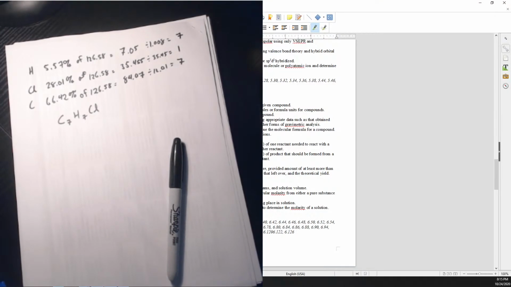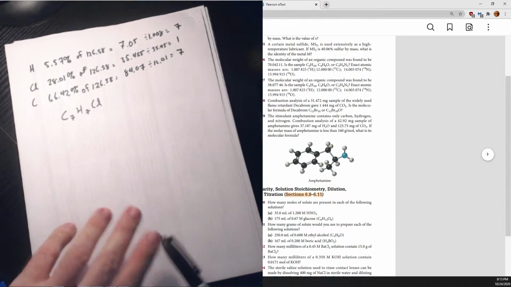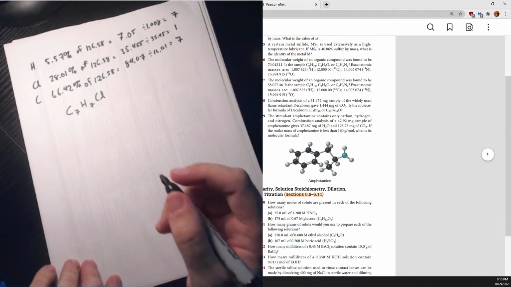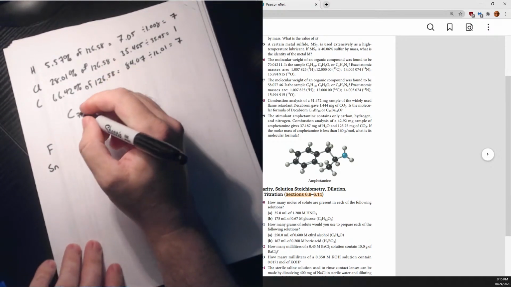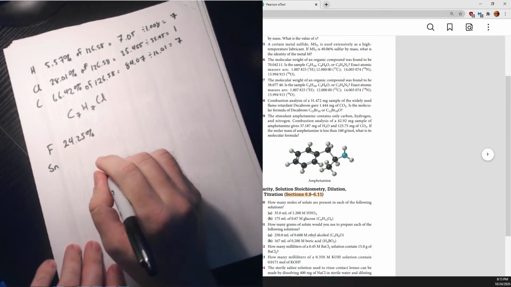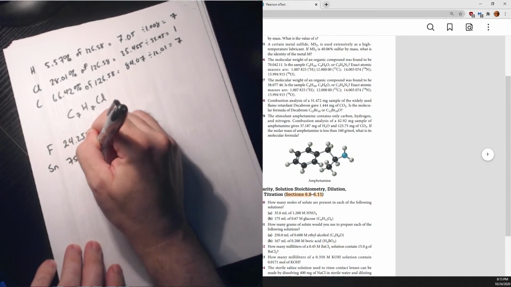All right, 88. What is the empirical formula of stannous fluoride? The first fluoride compound added to toothpaste to protect teeth against decay. Its mass percent is 24.25% fluorine, 75.75% tin.